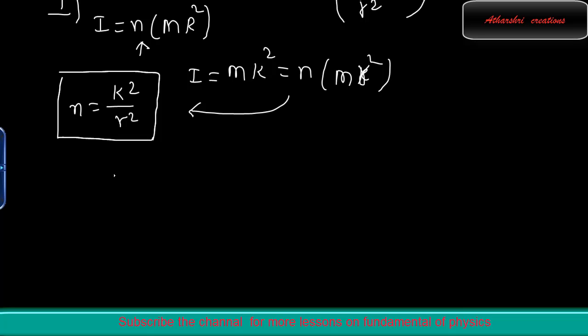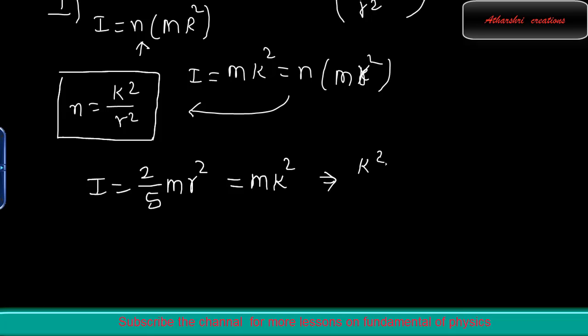For example, for a uniform solid sphere, the moment of inertia is given by 2 by 5 into mr square, which is equal to m into k square. From this equation, it is clear that k square divided by r square equal to 2 by 5 for a solid sphere.